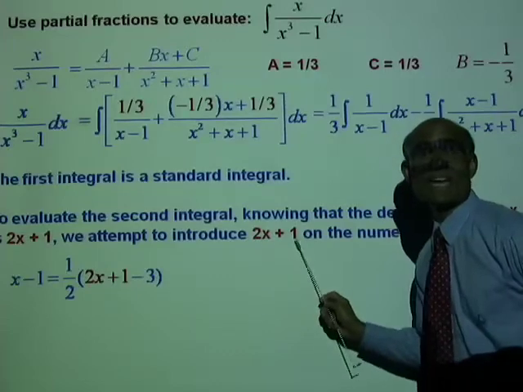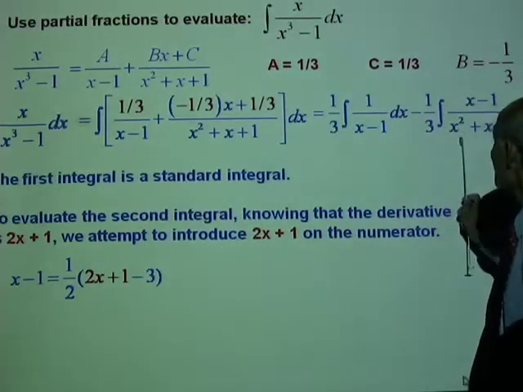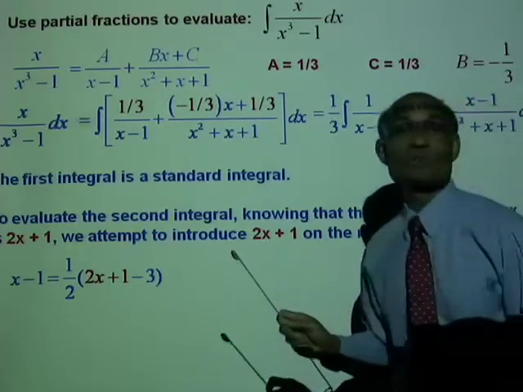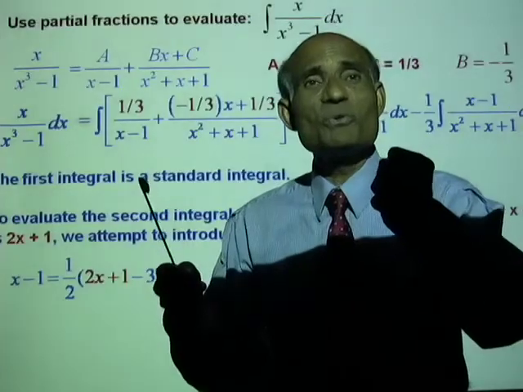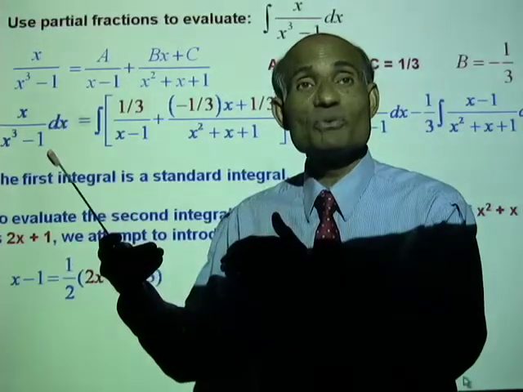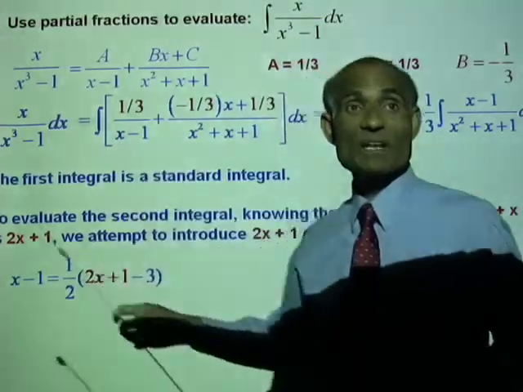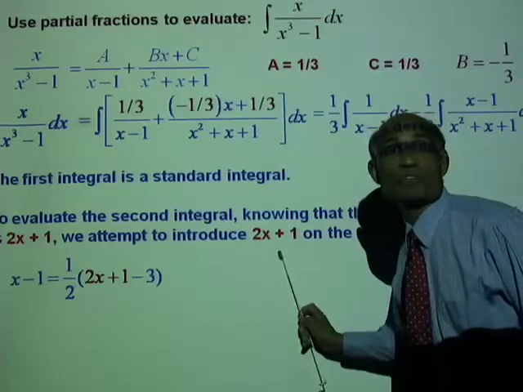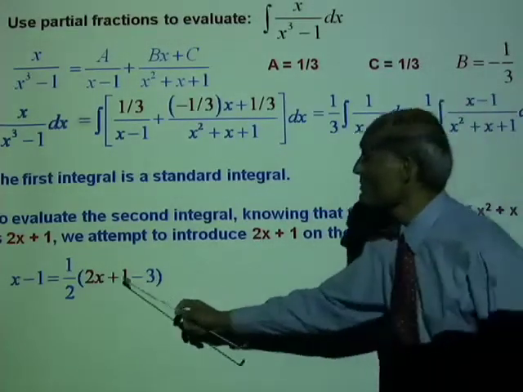If we have a 2x plus 1 on the numerator, we can make a substitution for the denominator as u. Now remember, when you make a quantity equal to u, we need to replace our dx in terms of u. That means you need to have a quantity on the numerator which contains the derivative of that denominator. That's the reason why we are doing that.